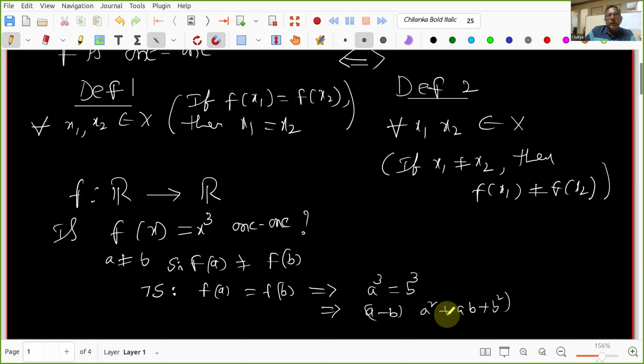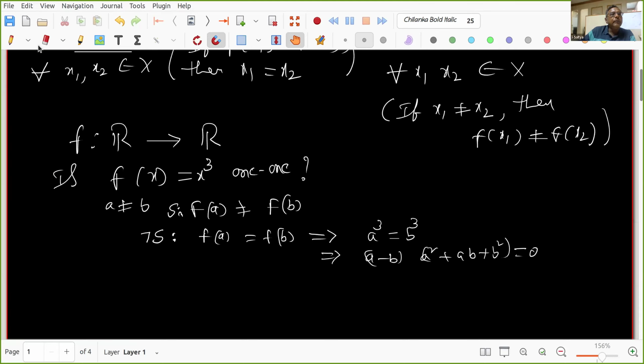Since a not equal to b, I started with, the product of two real numbers equal to 0 means one of them has to be 0. Now you can easily show that this factor is not equal to 0. So this is false, and the other can be true. Am I clear about this?